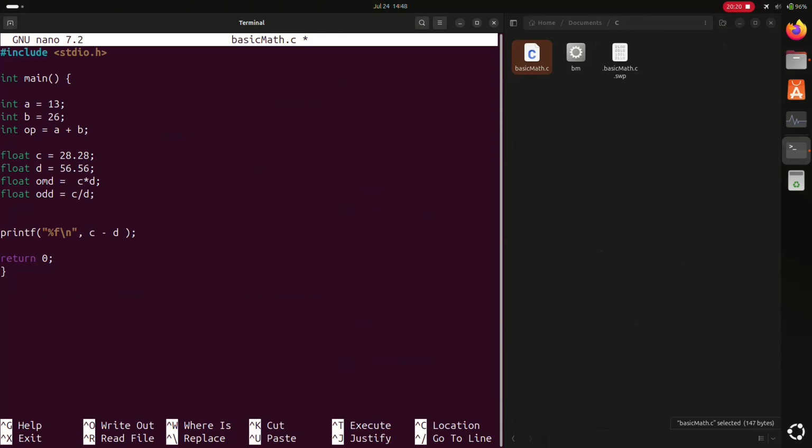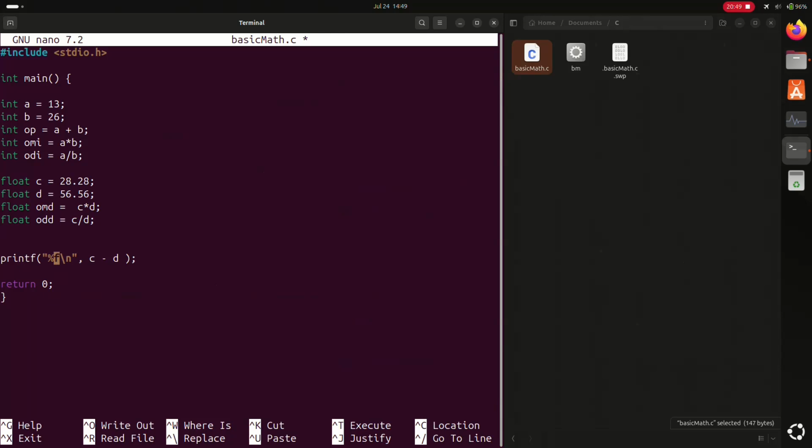Done. Now for integers, int output of multiplication of integers, omi equal to a multiplied by b. Then int output of division of integers equal to a divided by b. Yes. Now if I print everything here, comma, delete.